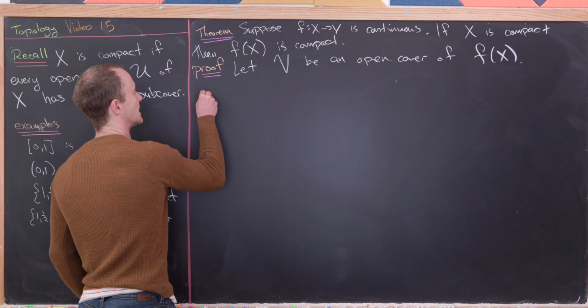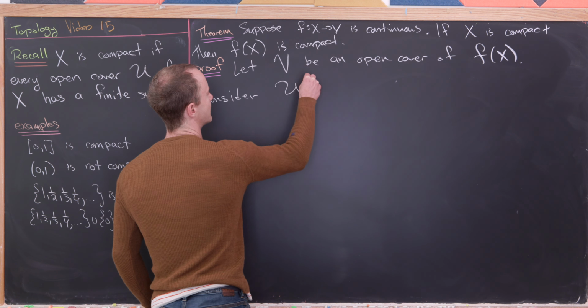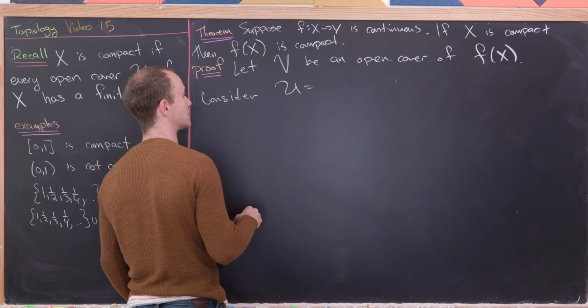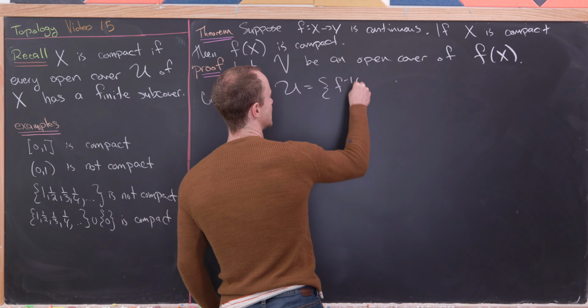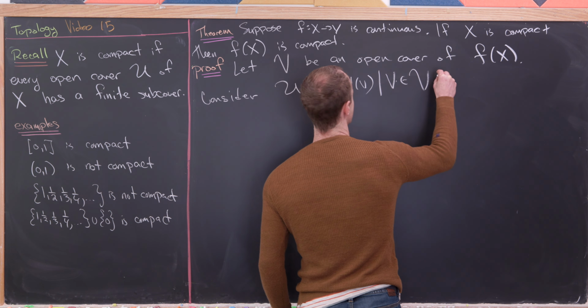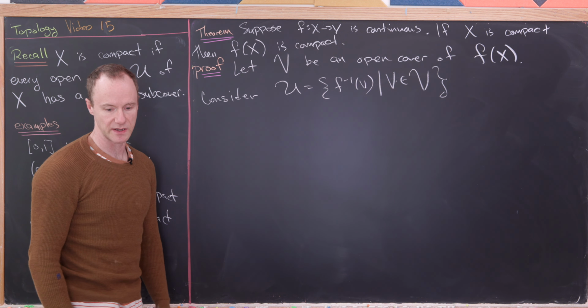Okay, great. And now let's consider the collection of open sets inside of X, which are simply the pre-images of all of these open sets from V. So in other words, this is going to be the pre-image of V, as V runs through everything in this fancy script V.